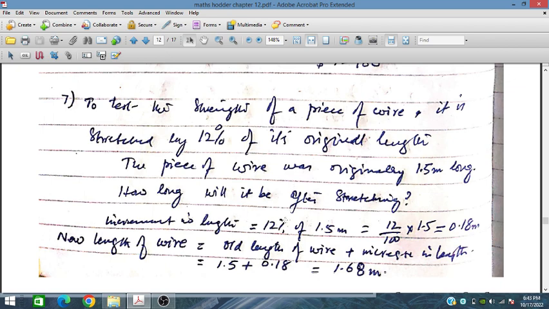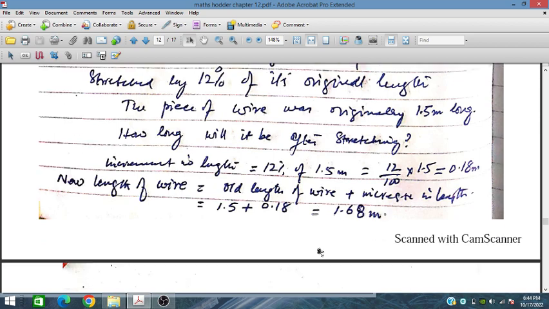So 12% of 1.5 meters is equal to 0.18 meters. So the new length of the wire would be the original length plus the increase in length due to the stretching. So 1.5 meters plus 0.18 meters is equal to 1.68 meters.